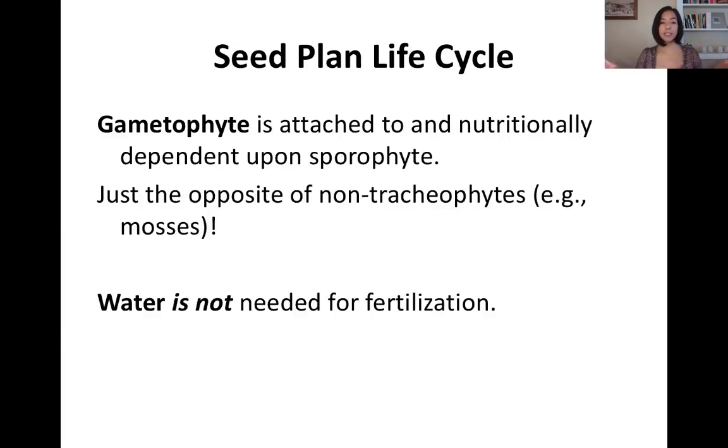So they can live totally independently. However, in conifers, the gametophyte is dependent on the sporophyte. So these three groups have slightly different strategies on how the gametophyte or the sporophyte relies on the other multicellular organism.